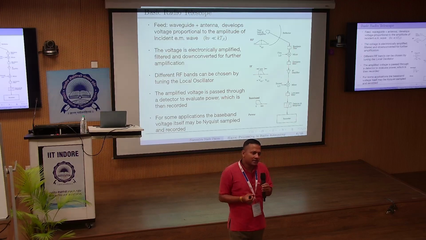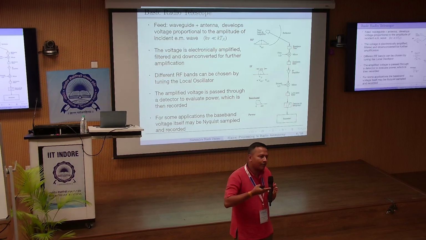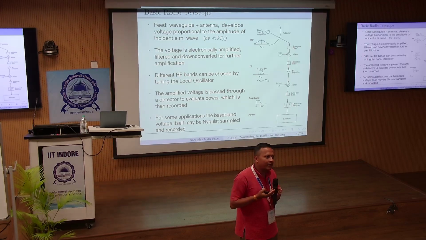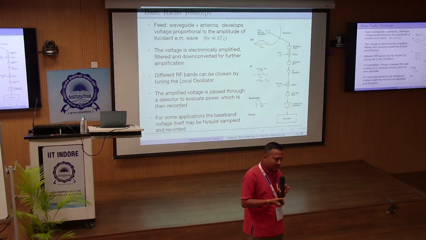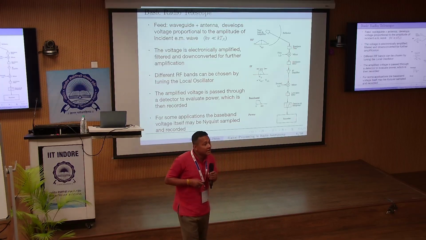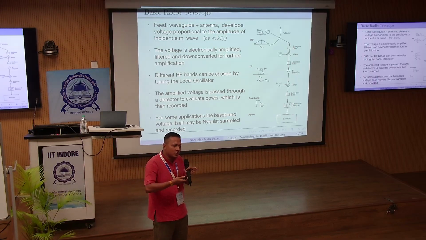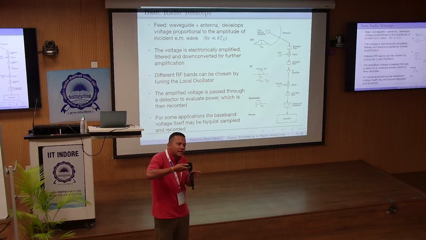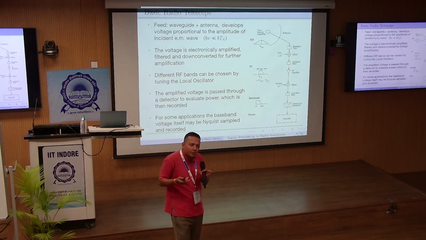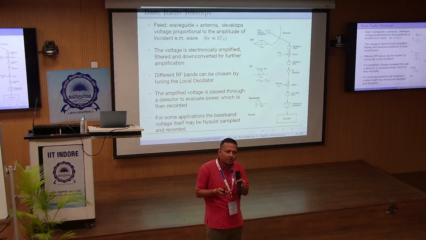Now what happens if there is a conductor and this falls on it? The electric field will push the electrons. The electrons will accumulate on one side, so it will develop a potential. That potential will lead to a current.